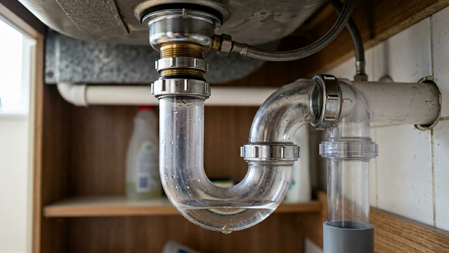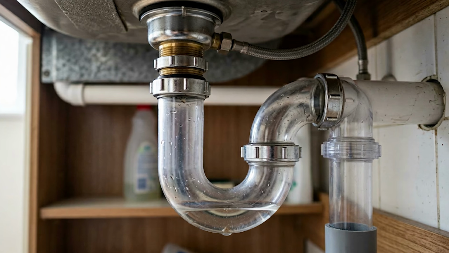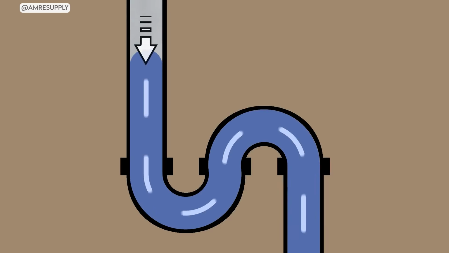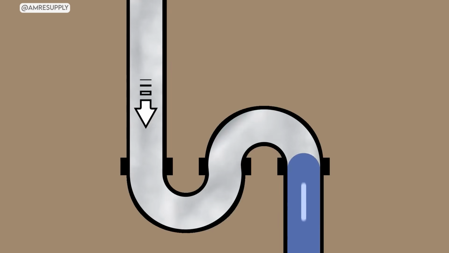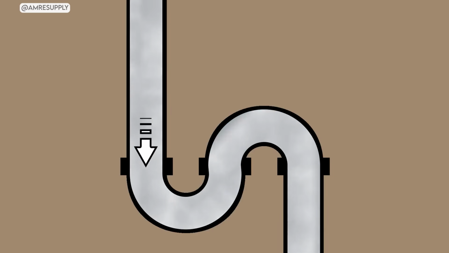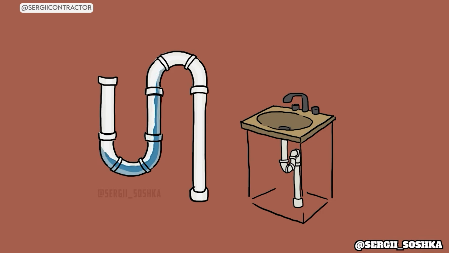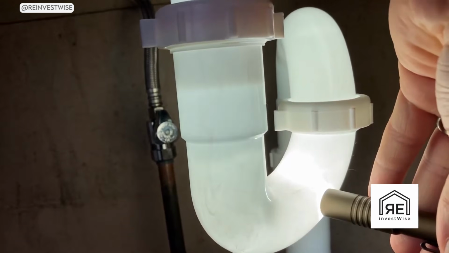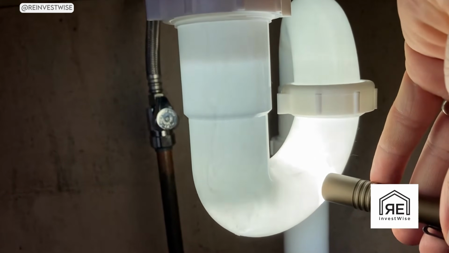S-traps are banned because they are subject to self-siphoning and cannot reliably maintain a trap seal. The UPC is primarily used in Western states, while the IPC is more common in Eastern and Midwestern states. But both agree completely on this point.